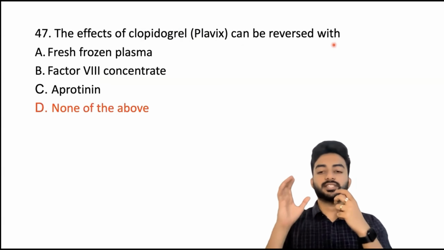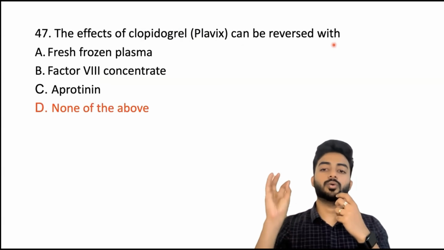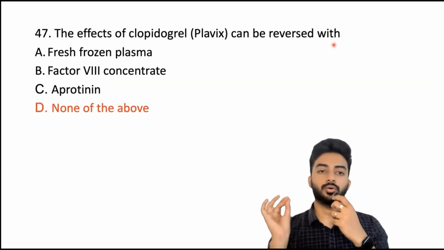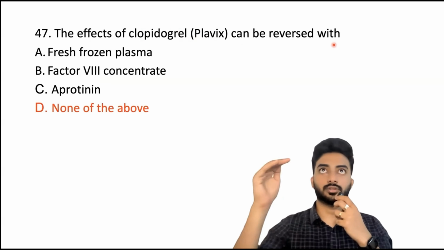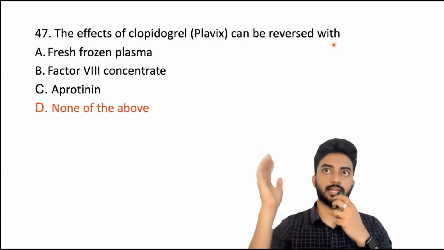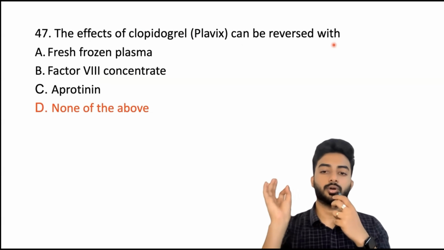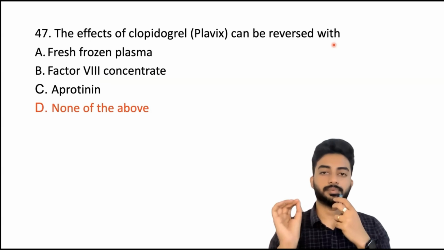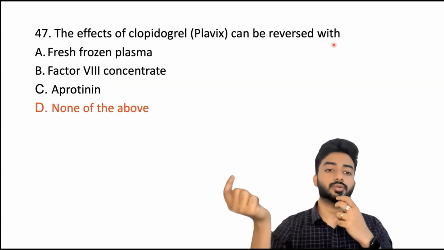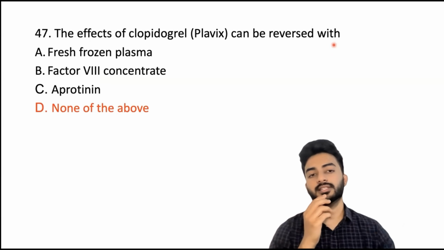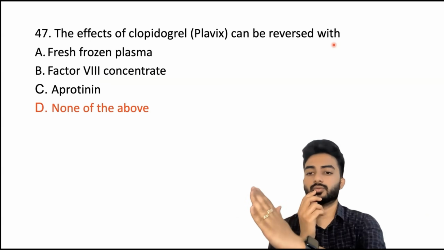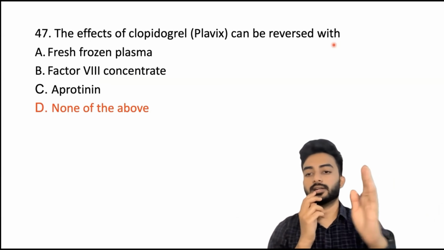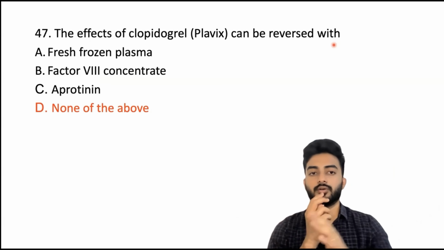See, whenever you have this none of the above or except or all of the above as answer, you might think you will read the question and arrive at the answer as A. But if they have given none of the above, all of the above, except these things, you should read that question again. Usually when I am attending the NEET SS exam, I read all the questions once, then I come back and do a revision of all the questions.